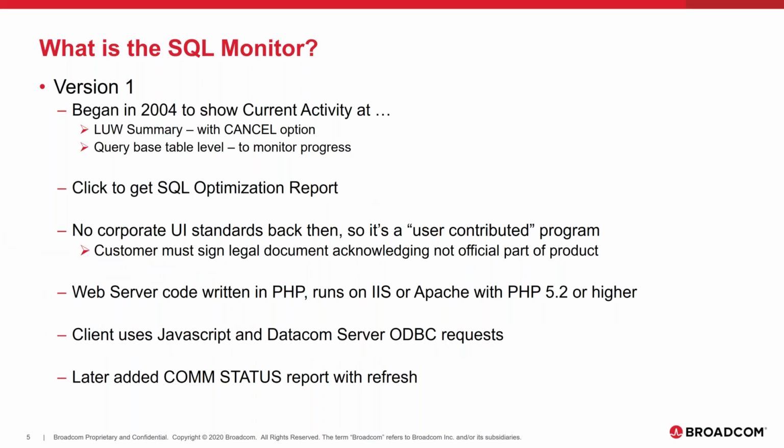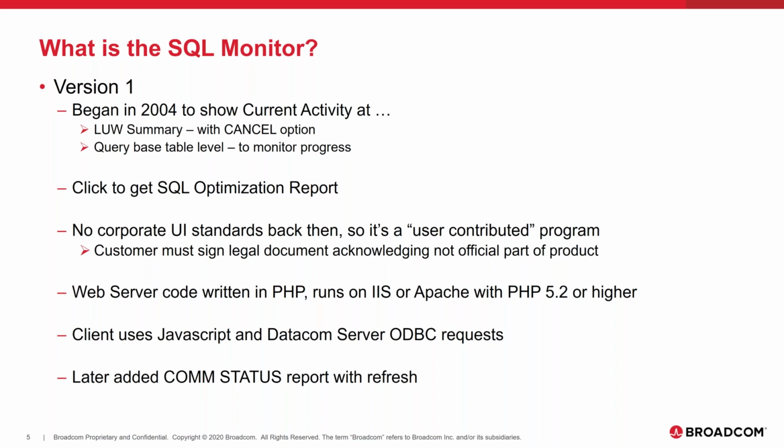All right, way back in 2004, the SQL Monitor began by showing what was currently running. It was like, oh my gosh, it's Monday morning, they introduced a new app, everything is running slow. What's going on with these queries? I need information, right? So we'll briefly look at that, where you can see information about what's currently running at the transaction or logical unit of work level, and you can cancel it with the click of a button.